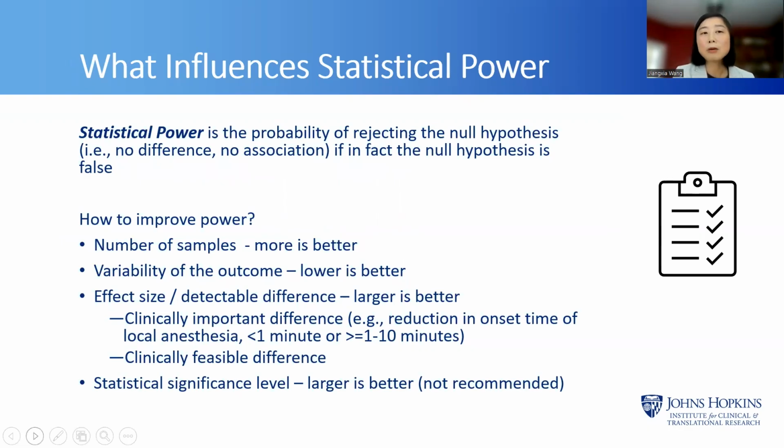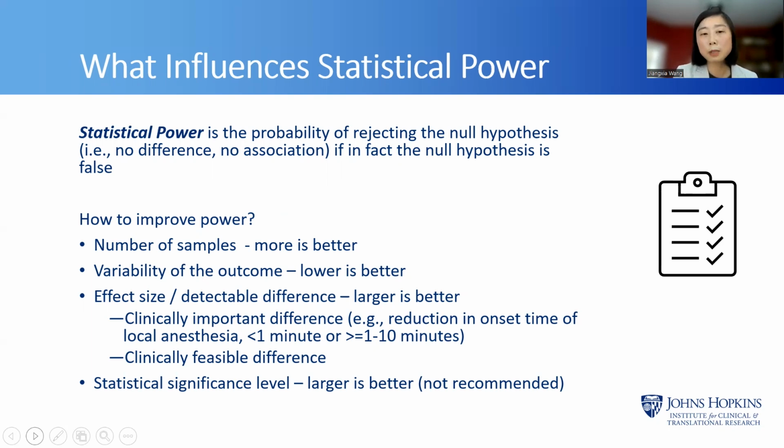So now we know that statistical power is the probability of rejecting the null hypothesis if in fact the null hypothesis is false. To increase power, there are multiple ways we usually do in a calculation. The first one, of course, is to increase the number of samples.